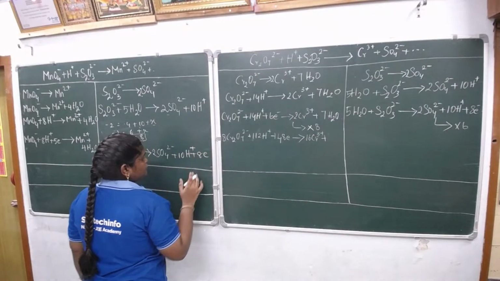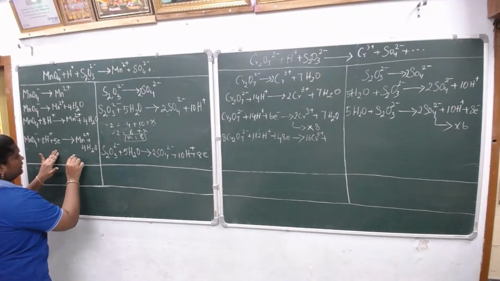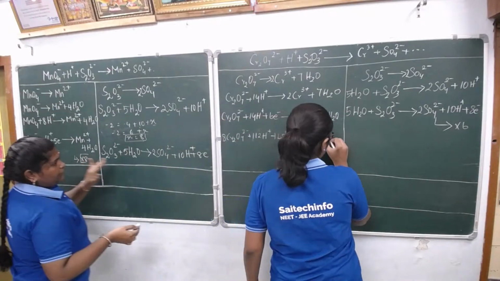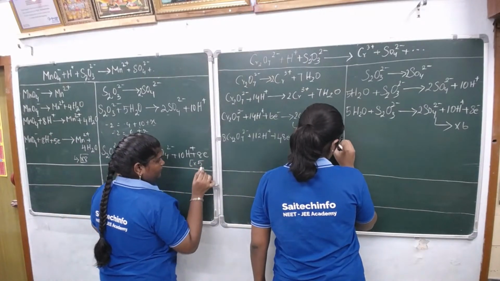Plus 8 electrons. So to balance the electrons on this side, we need to multiply this equation by 8 and the other by 5.